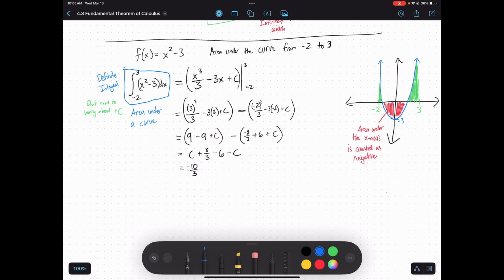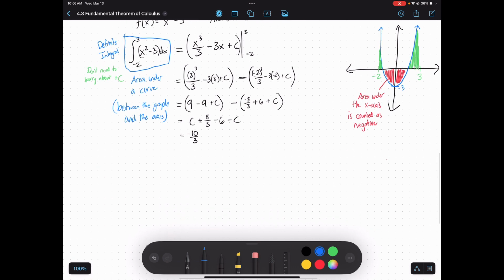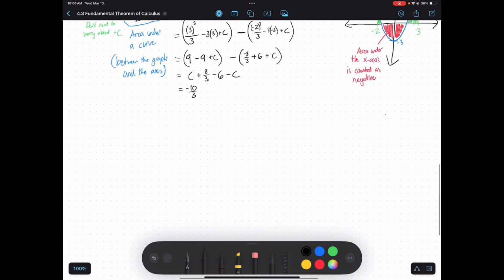Like I just talked about, when I say area under the curve, I'm actually talking about the area between the graph and the x-axis. So whenever you see bounds, we're talking about a definite integral, and I want you to find the area underneath the curve. So what if you don't see bounds?